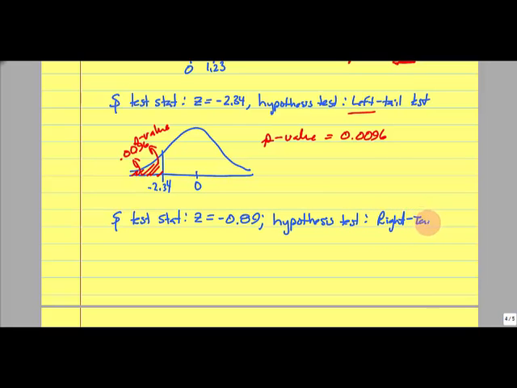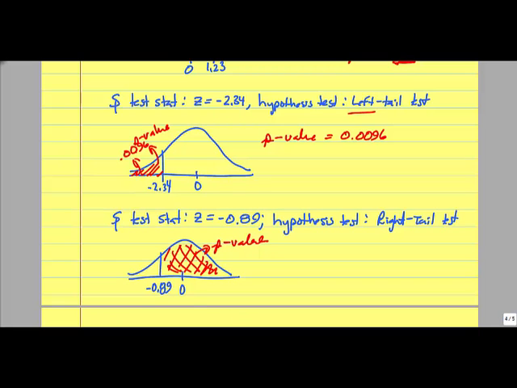Now because this is a right tail test, that means I shade the area to the right. Now this one's going to seem strange to shade to the right because it takes up a large portion of our curve. So even though it's not a little small tail area, it's this larger area, it's still the area to the right. So this is going to be representative of my p-value. This is a single tail test, so I don't double.